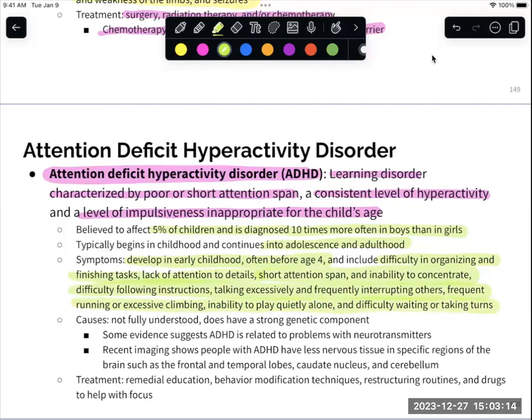We don't know exactly what causes it, but it has a very strong genetic component. If one parent has it, the kids are most likely going to get it. There is some evidence that it has to do with problems with neurotransmitters.